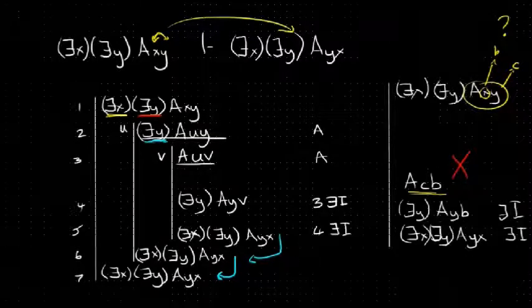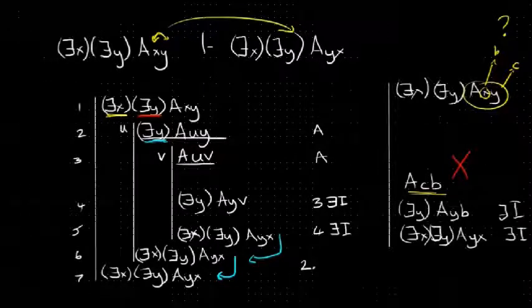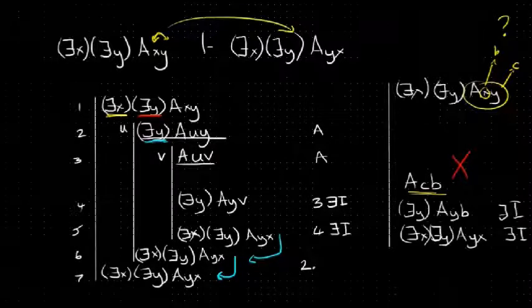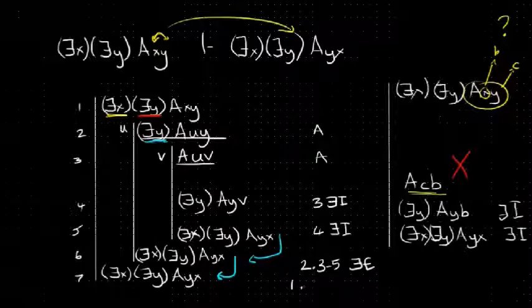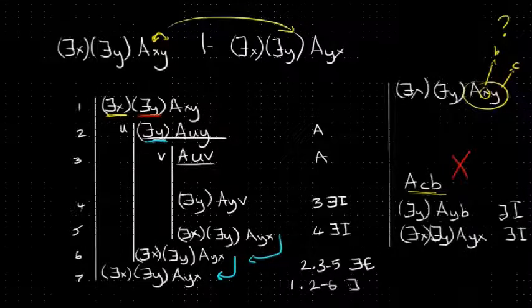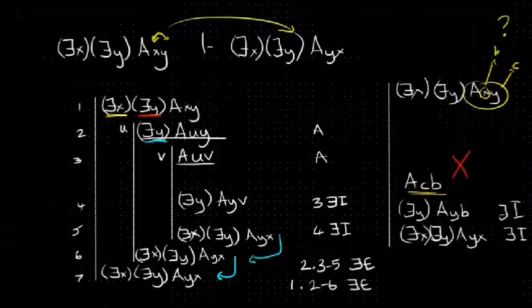So the first one is from line 2, and then lines 3 to 5, and then the second one is from line 1 and lines 2 to 6. Existential elimination.